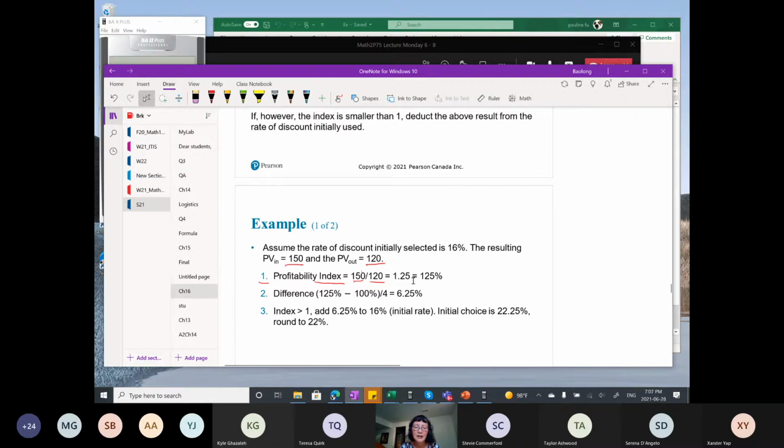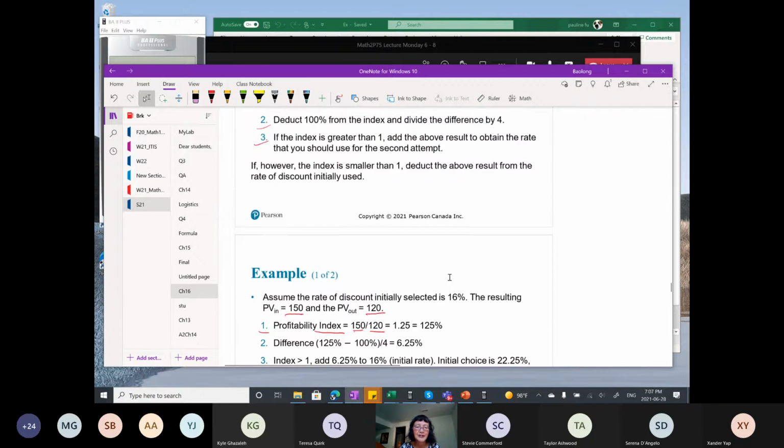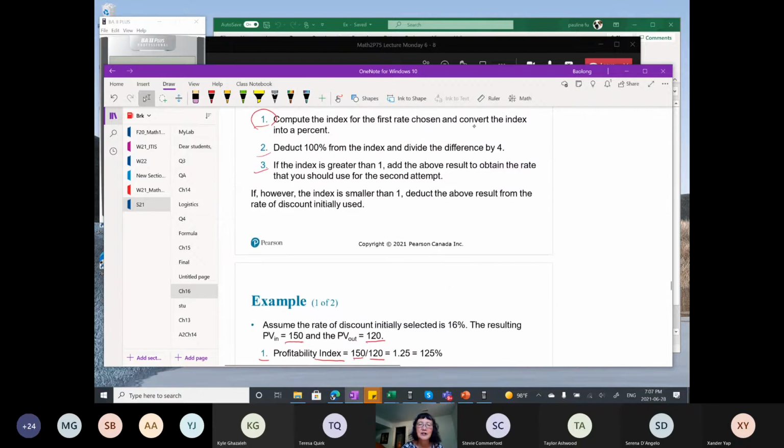So this results in 125%. So this is step 1, and convert the index into a percent. Step 2, deduct 100% from the index and then divide by 4.